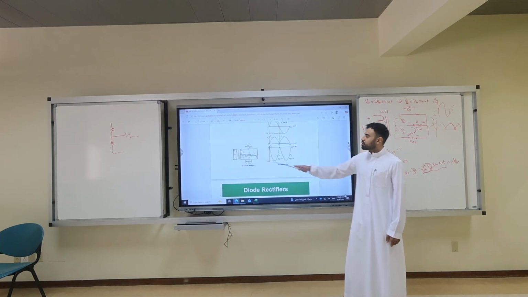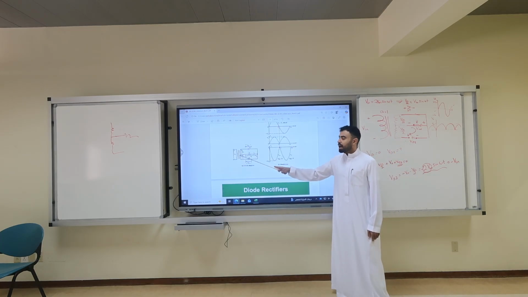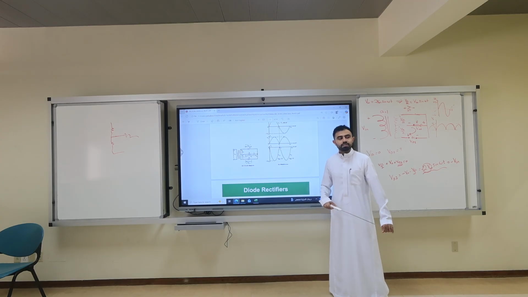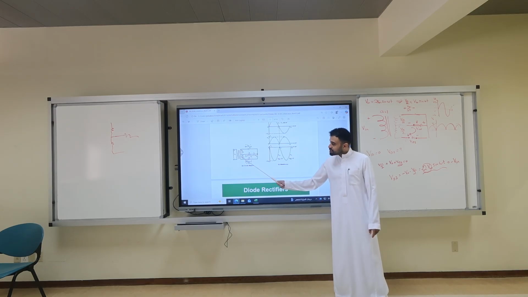Any DC components here will be blocked by the transformer, because it is physically and electrically separated. What is j omega L for DC? 0. So the transformer blocks all the DC from the input to the center tap. So we don't have a DC component.